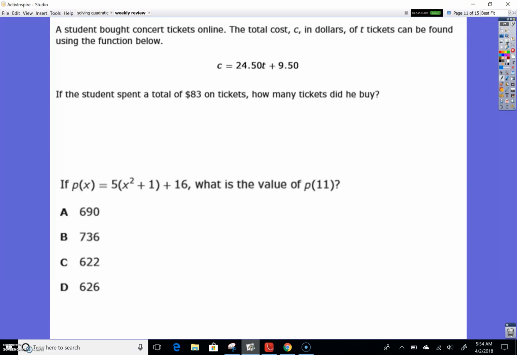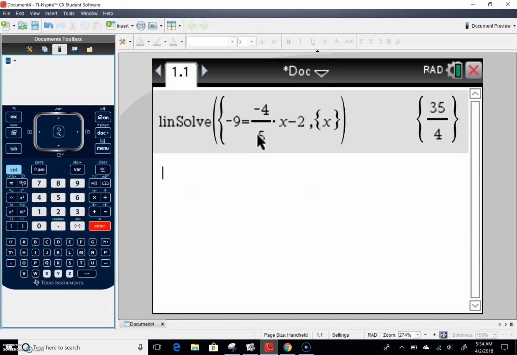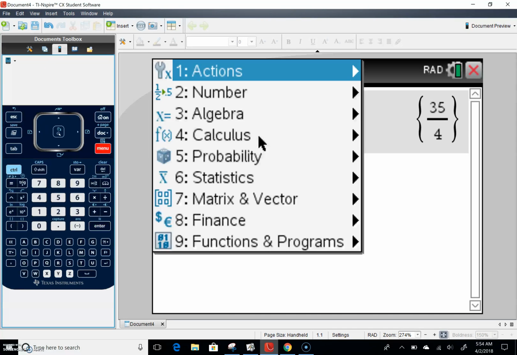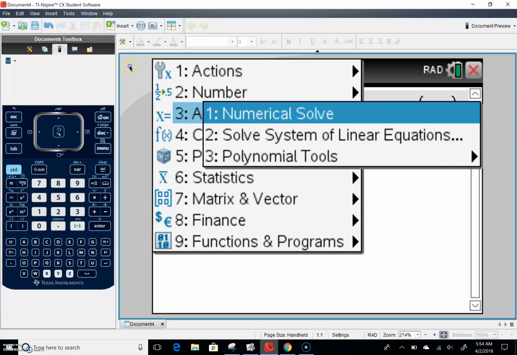A student bought concert tickets. C is in dollars, T is the tickets. So if the student spends a total of $83 on tickets, how many tickets? I don't know how many tickets, so all I have to do is put 83 here, that way I can solve it. So I'm going to go to my calculator and go to algebra again.